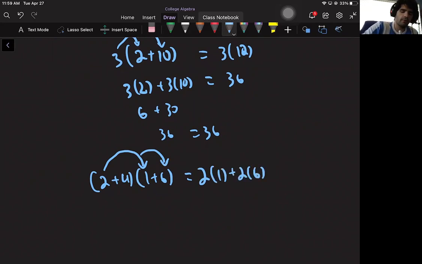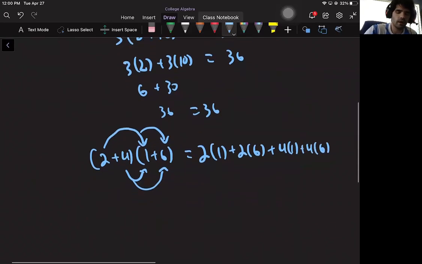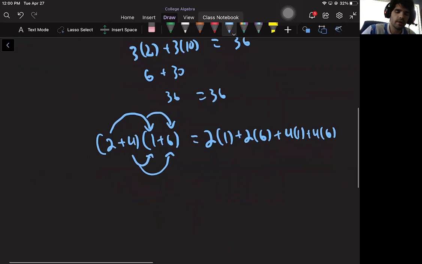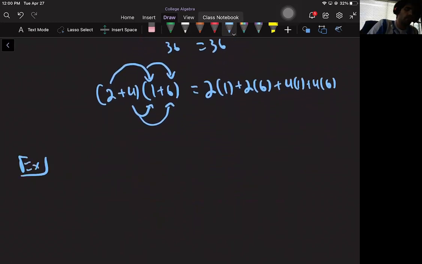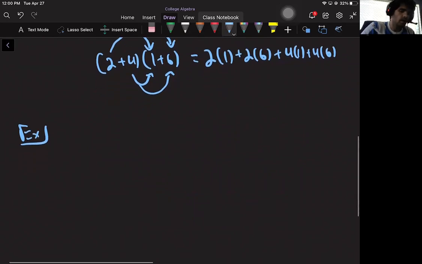And then the 4 also gets multiplied into the 1 and the 6. And there's many ways to think about it, but that's the idea. So we're just going to jump into some examples with polynomials instead of just numbers.